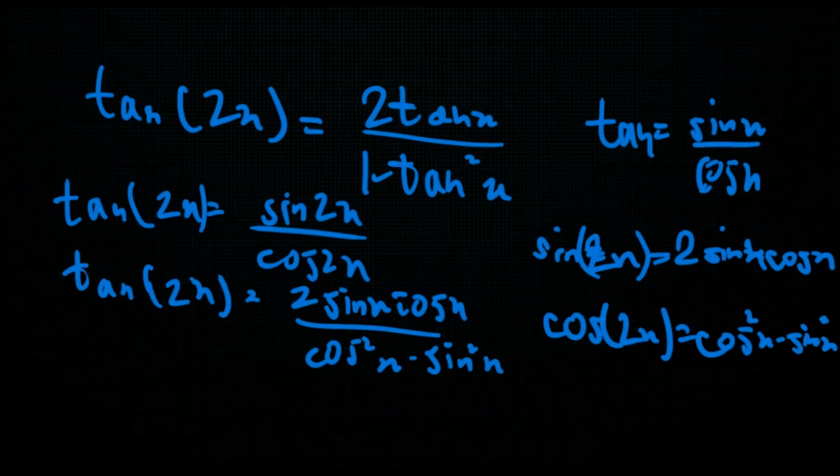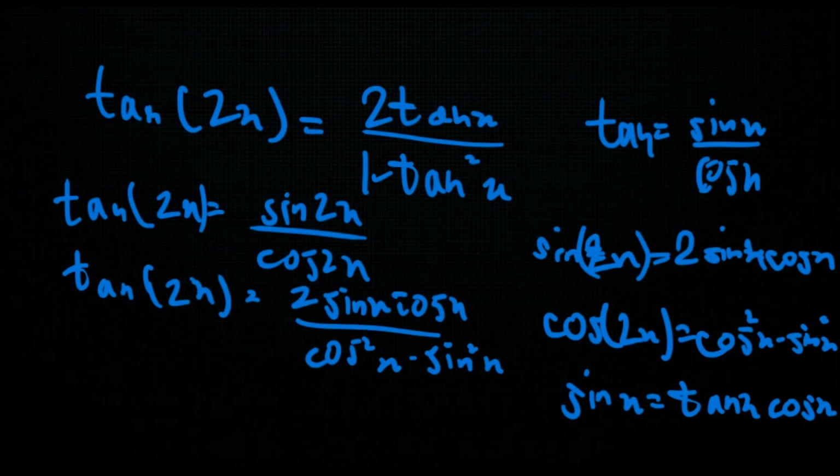Now since tan x equals sine x by cosine x, we can derive that sine x equals tan x cosine x.